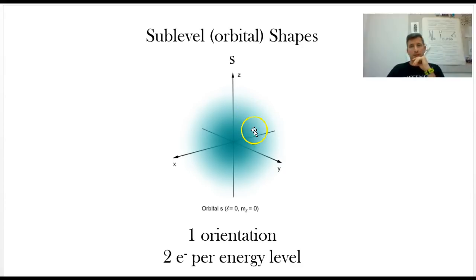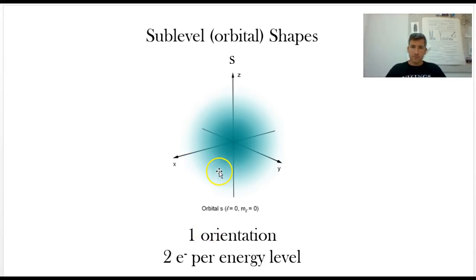It's not really what it stands for, but basically it's just a sphere. So if I have a hydrogen atom with just one electron, that one electron is going to be in the first energy level, unless it's excited, and it's going to be in this sort of spherical cloud around the nucleus. This is just the area where we're most likely to find that hydrogen electron.